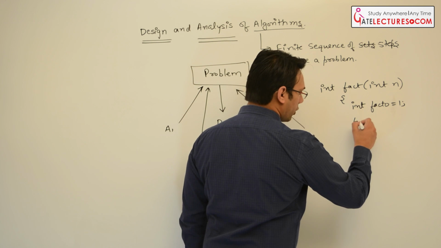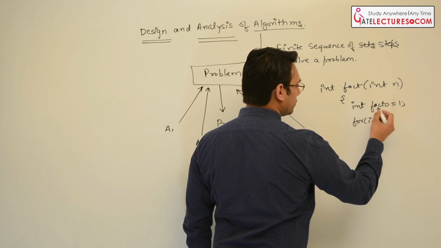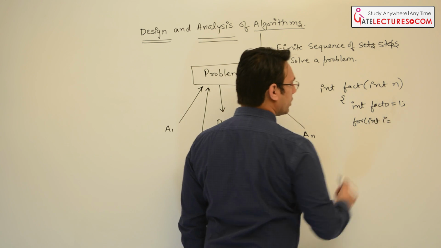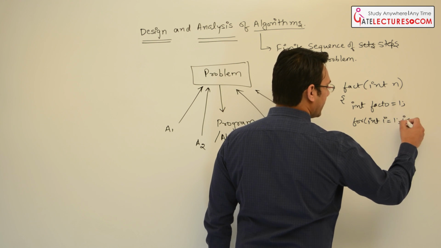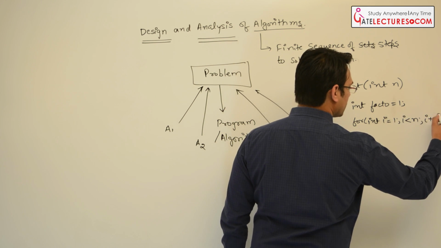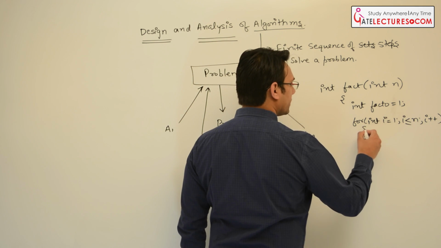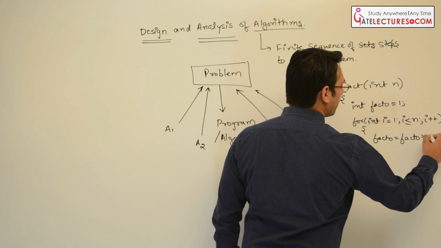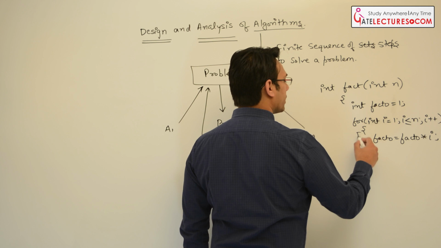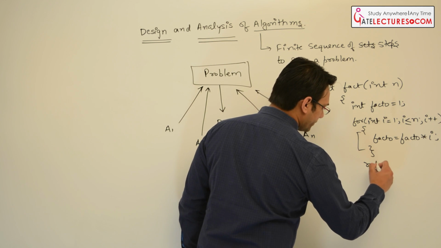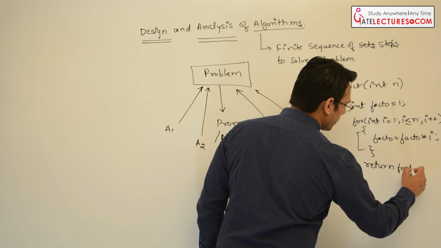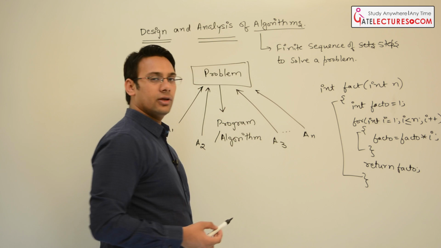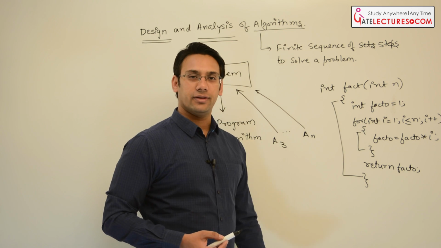Now I can do for int i is equal to 1, i less than or equal to n, i plus plus, and then we can do facto is equal to facto multiplied by i. Okay, this is the first program, and then we are going to return facto. So this is a very simple non-recursive program to find the factorial of a number. We are just using a for loop to find this, right?